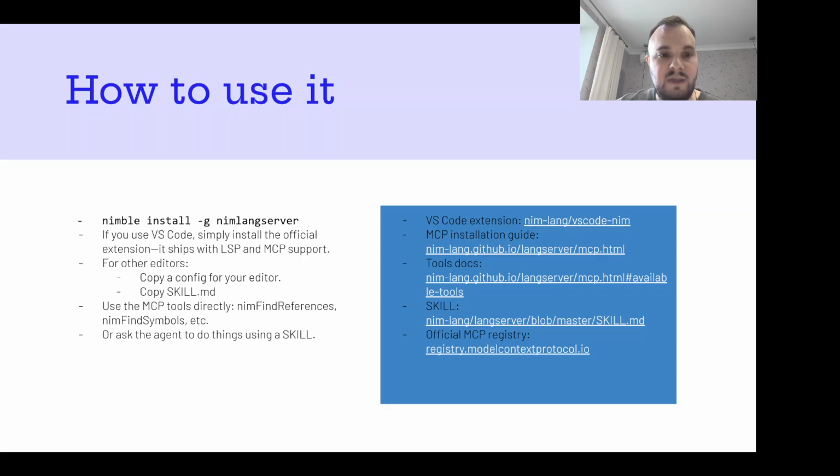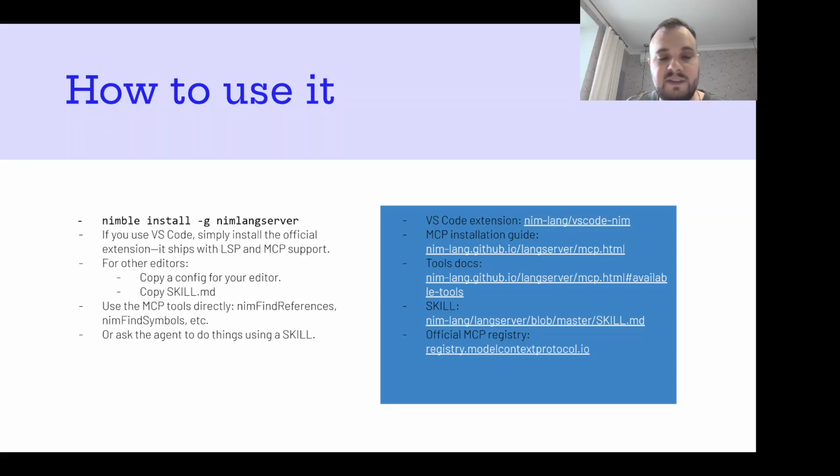So how do you use it? How do you install the MCP server? First, you have to install nimlangserver as usual, because again, the MCP server is just part of nimlangserver. You do that with nimble install -g, which stands for global installation, nimlangserver. If you use VS Code, you're in luck, because you just have to install the official extension or update it, and you'll have both LSP and MCP capabilities available at once.